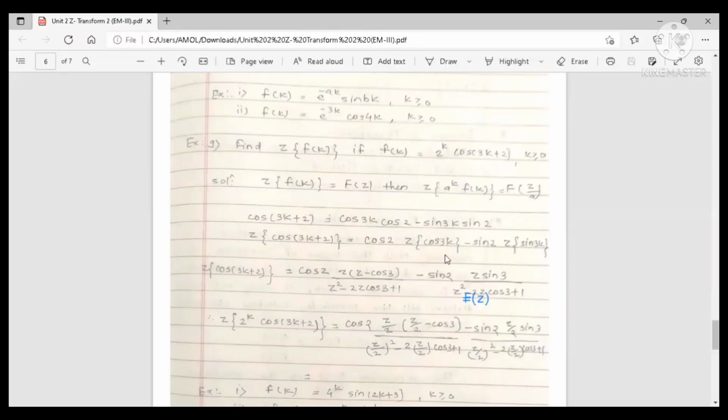So apply the Z transform: the Z transform of cos of 3k plus 2 is equal to the transform of the right-hand side. In the right-hand side, cos 2 and sin 2 are constant terms, so cos 2 stays as it is, times the transform of cos 3k, minus sin 2 as it is, times the transform of sin 3k. Use the formula for the transform of cos 3k.